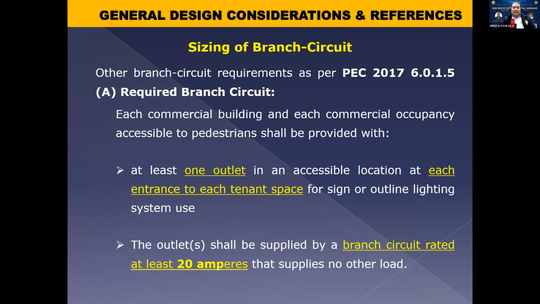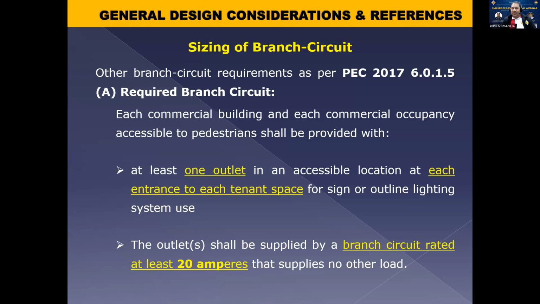Okay. So, ito yung branch circuit requirements, dapat yung sa signage outlet, no, one outlet in accessible location for each tenant, no. So dapat yung signage outlet niya provide talaga is at least one, no. If hindi kasya yung one, then put another outlet, no, for signage outlet, no. And then it has to be supplied by a branch circuit rated at least 20 amperes.